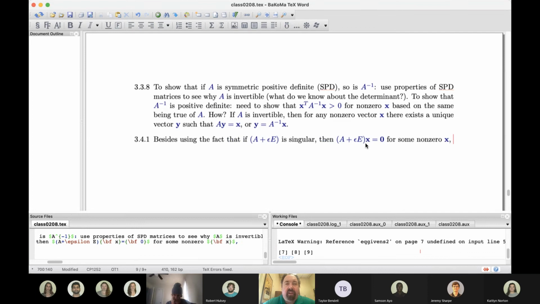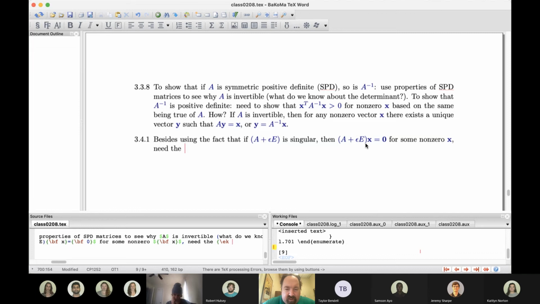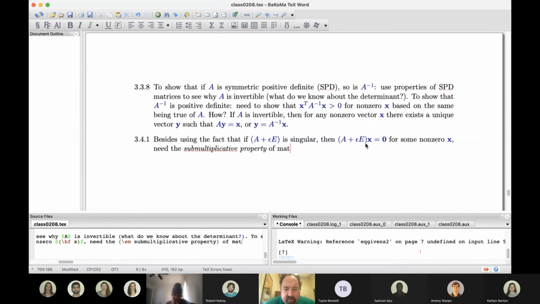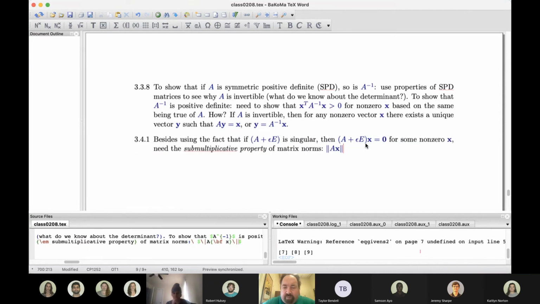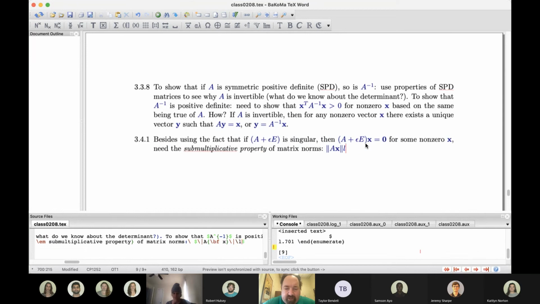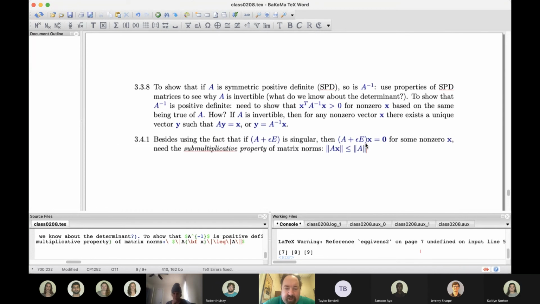You want to use a submultiplicative property. So for generic A and X, the norm of the matrix vector product A times X is less than or equal to the norm of A times the norm of X.